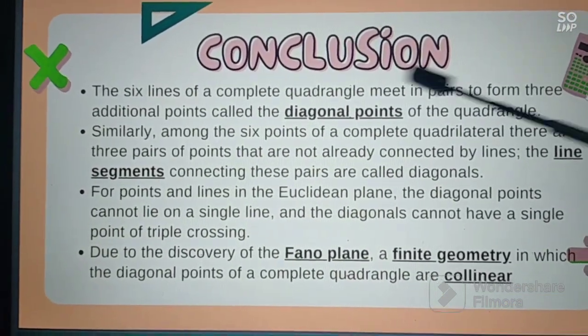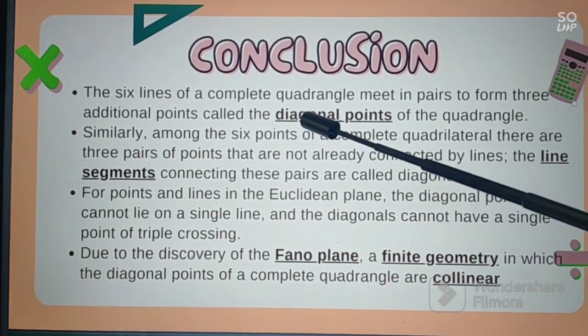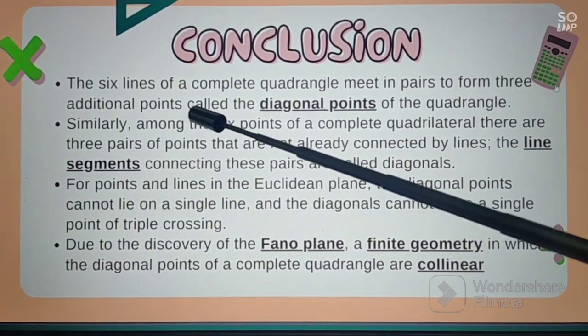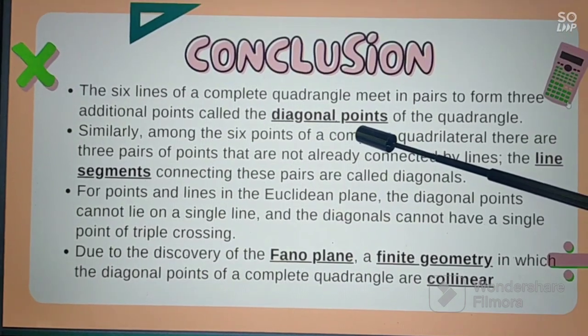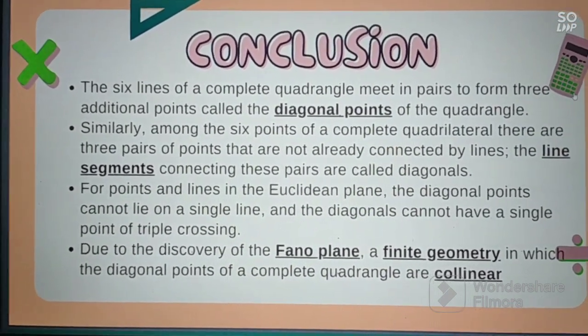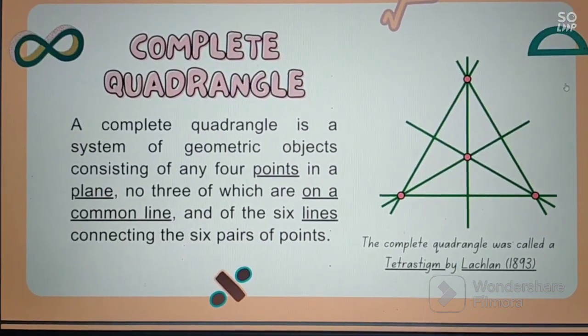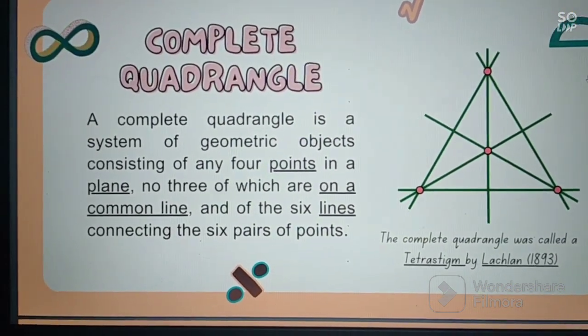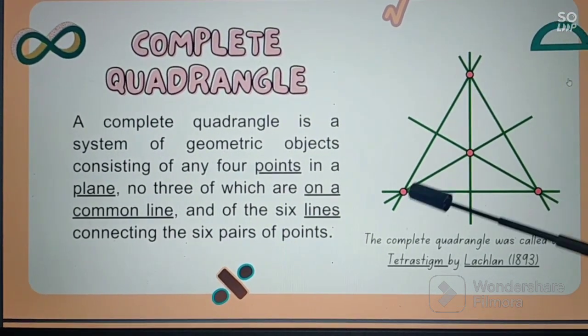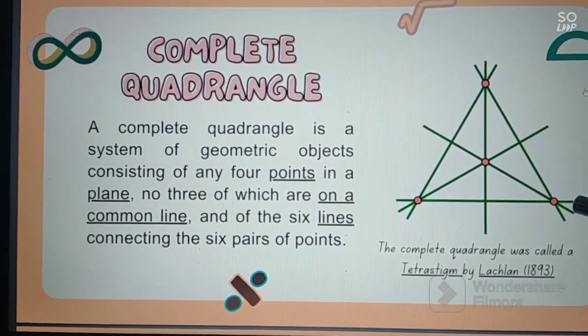So in conclusion, the 6 lines of a complete quadrangle meet in pairs to form 3 additional points called the diagonal points of the quadrangle. So go back. The points are connected by a pair of lines.